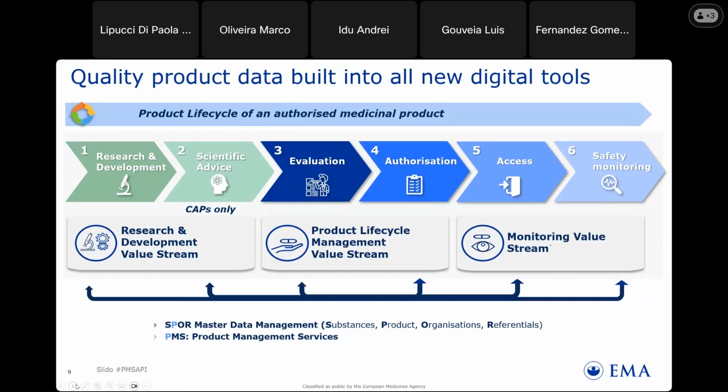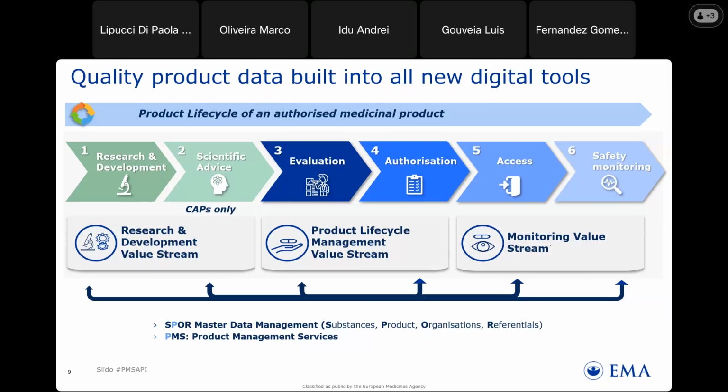So just to give you a bit of information on where PMS fits, if you're familiar with the product life cycle of any authorized product, you know that a product starts from the research and development phase. Then you may request a scientific advice, you submit your initial marketing authorization.